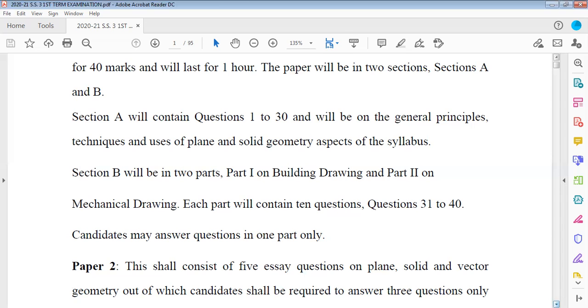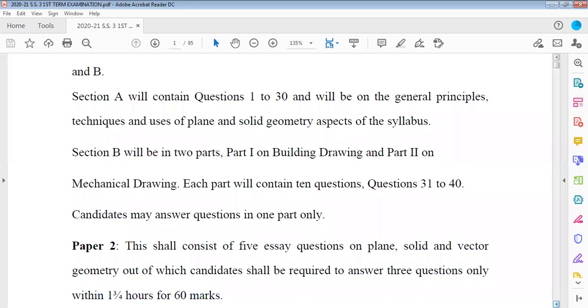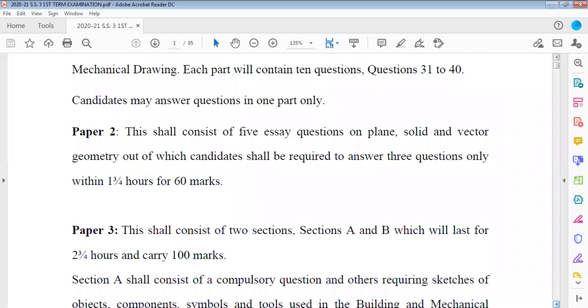Now, we are done with paper 1. Let's look at paper 2. Paper 2 shall consist of 5 essay questions on plane, solid, and vector geometry, out of which you are expected to answer only 3 questions, and you have to spend 1 hour 45 minutes on it.